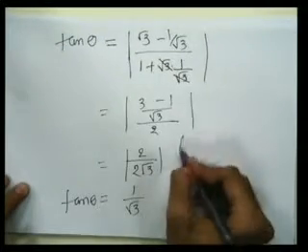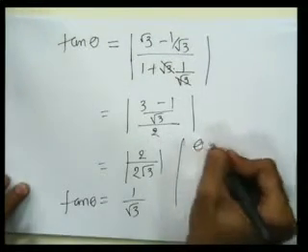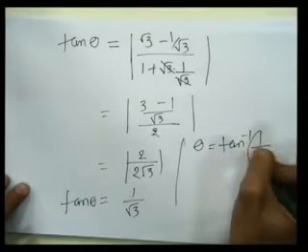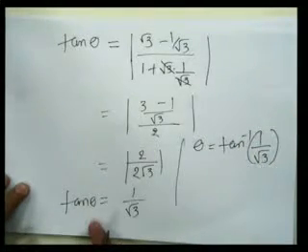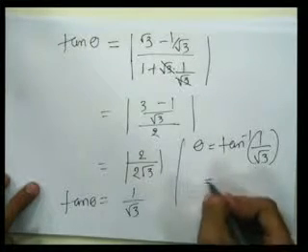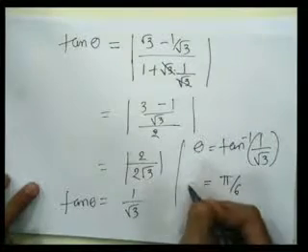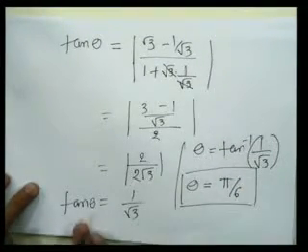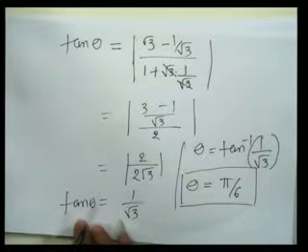Okay, so it is clear that theta is equal to tan inverse 1 upon root 3, and we all know that tan inverse 1 upon root 3 is equal to pi by 6. So the angle between these two lines is theta, which is equal to pi by 6.